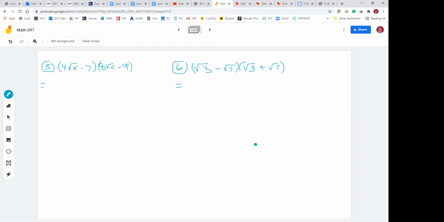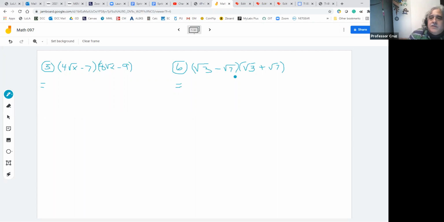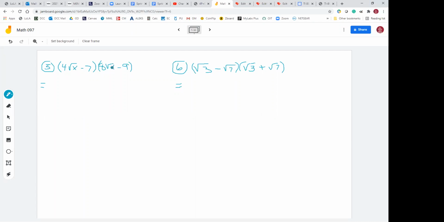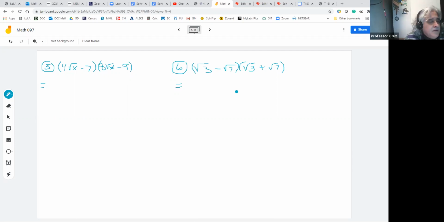Professor Cruz, just to verify that second part of the problem, is that 8 square root of x? Yes, it is. Okay. 8 square root of x. And that's also, like I said, when you multiply something by itself, it's squared.